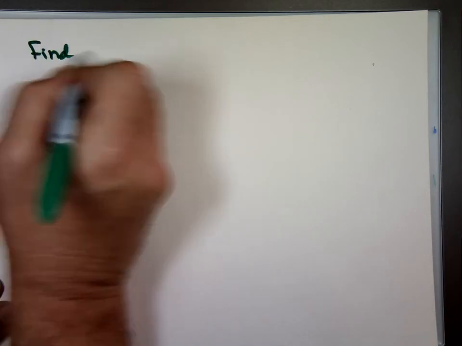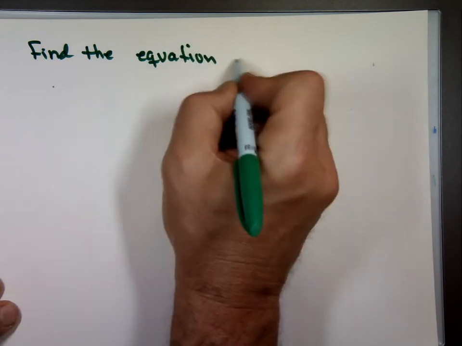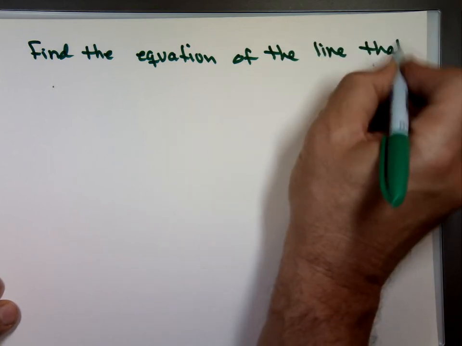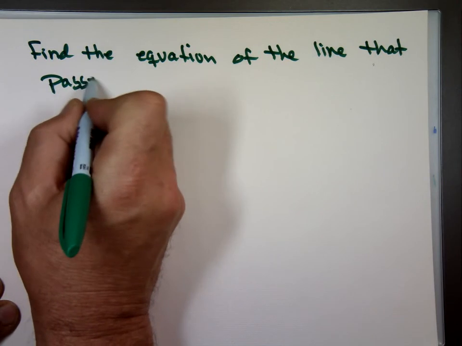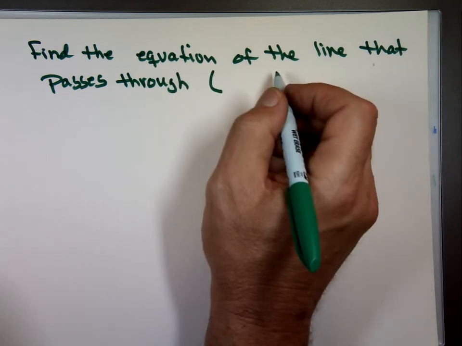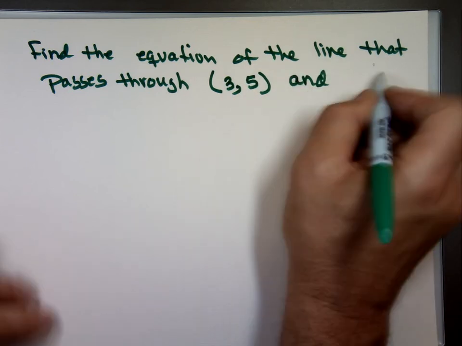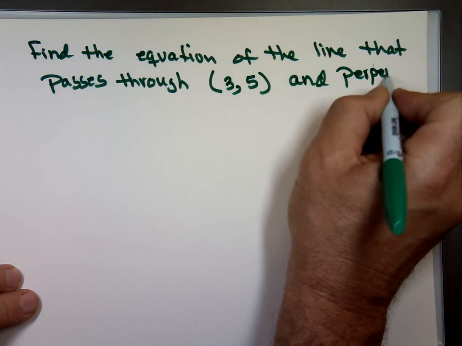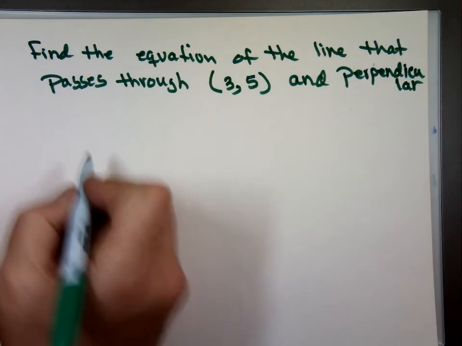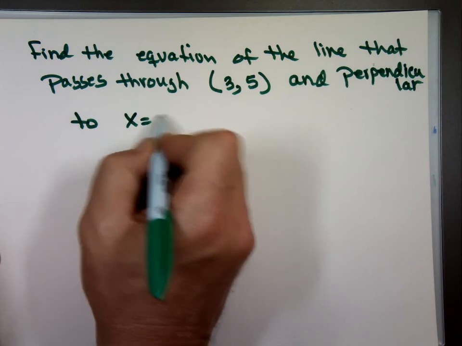Find the equation of the line that passes through, again, pick a point, 3, 5, and perpendicular to x equals 7.